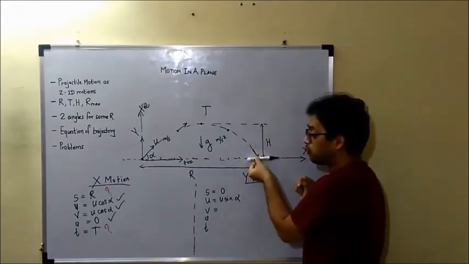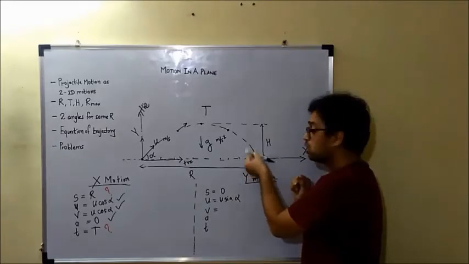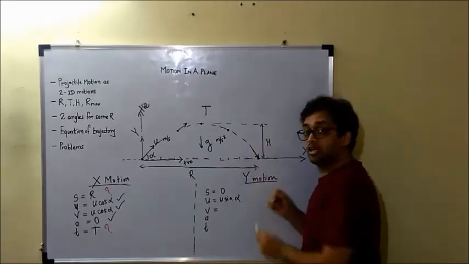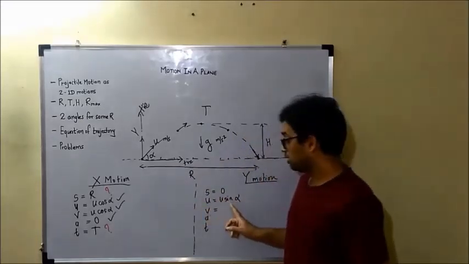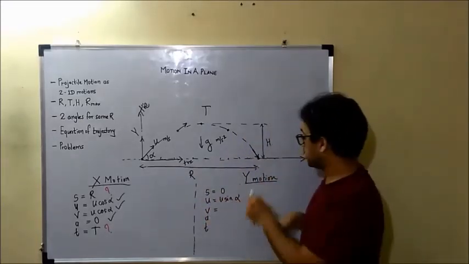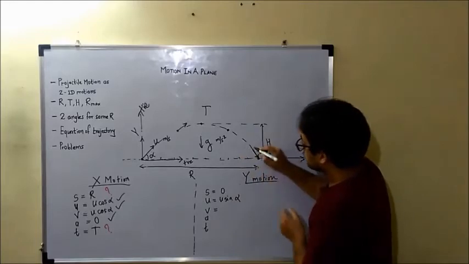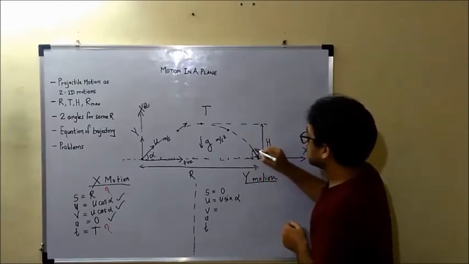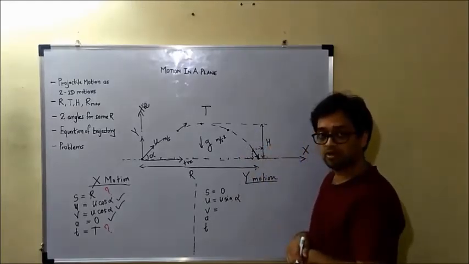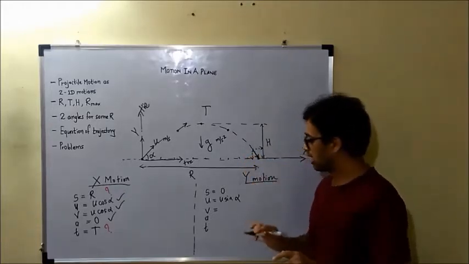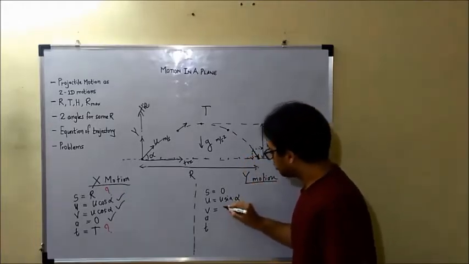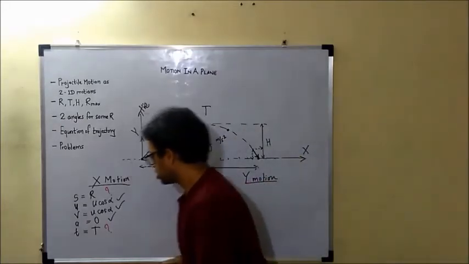The horizontal component is already known, it is u cos alpha. What will be its vertical component? Intuitively, you can say that it is going to be u sin alpha, but in the downward direction, because this is u, so its two components will be u sin alpha and u cos alpha. But if you don't like to do it intuitively, you keep it as unknown. Okay, so we don't know it.